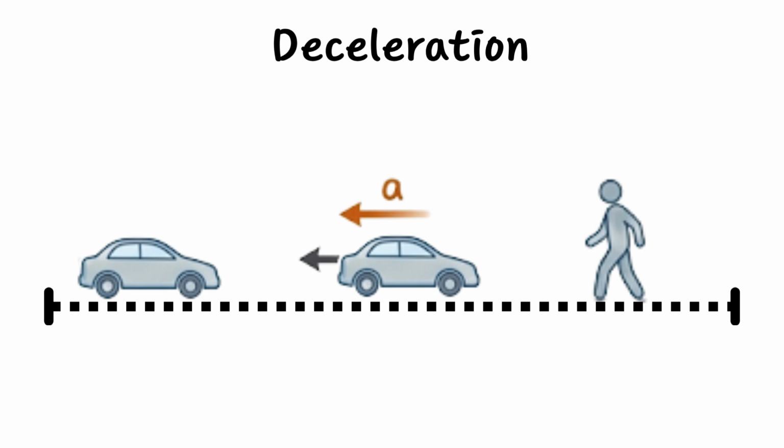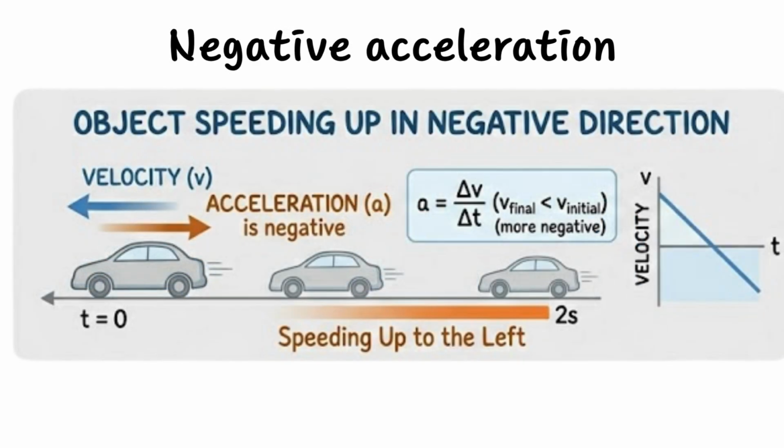Deceleration can also be defined as the time rate of decrease in an object's velocity because it is moving in an opposite direction. Negative acceleration simply means that the acceleration vector points in the negative direction of the chosen coordinate system, like pointing left or west.